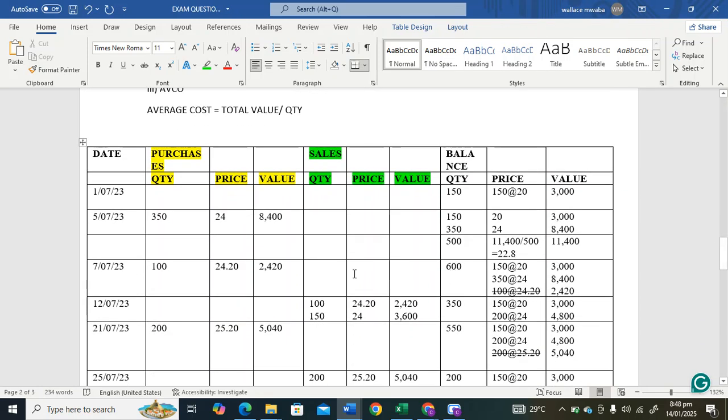Okay, we purchased another 100 goods. All right, so we have 500 goods valued at 22.8. Total value is 11,400. Then we brought in another 100 goods valued at 24 kwacha 20 ngwe.